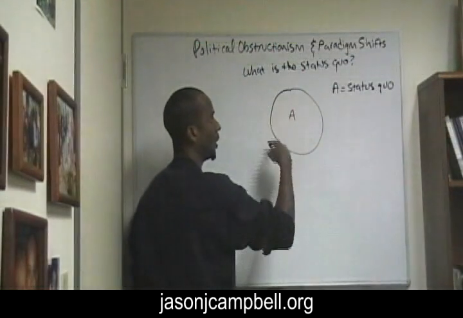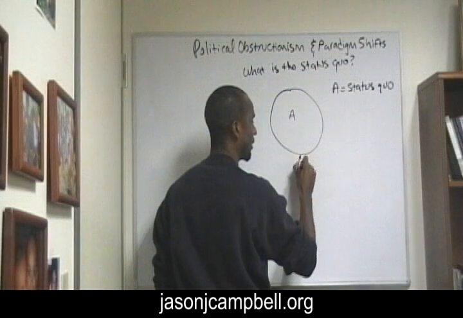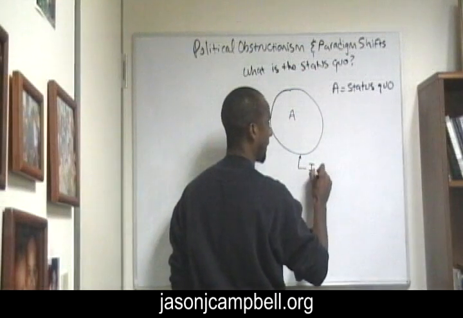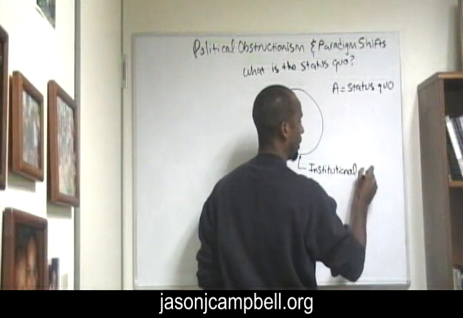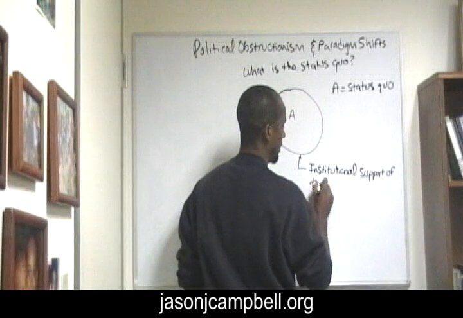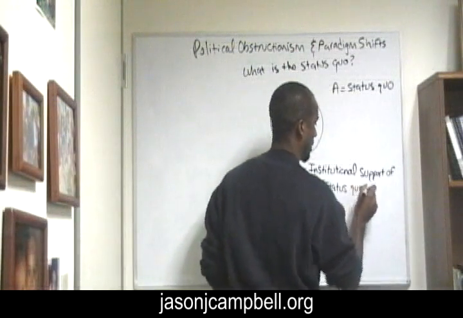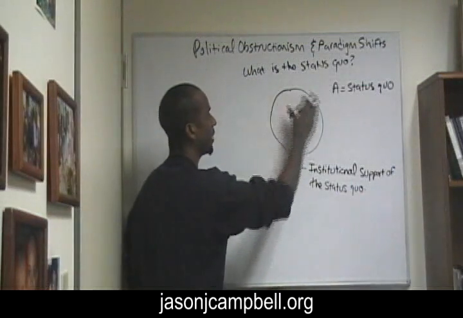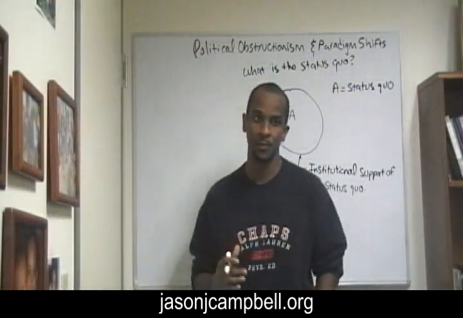And this border around the status quo is the institutional support of the status quo. So this border around A is the institutional support of the status quo.